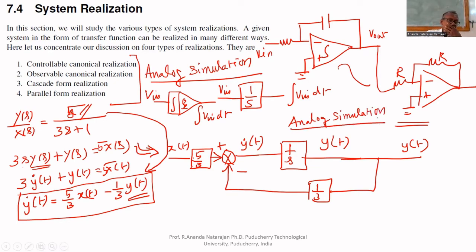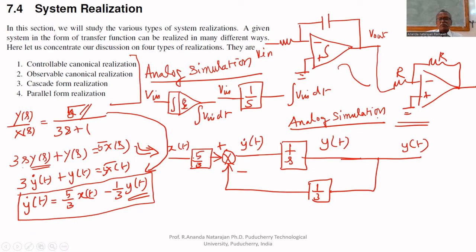Any transfer function can be converted into this circuit, an electrical model. What is the difference between this and what we saw in the first unit, the electrical analogous of mechanical systems? We saw that all mechanical systems are converted into electrical systems.